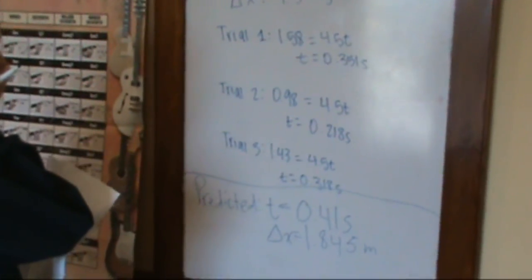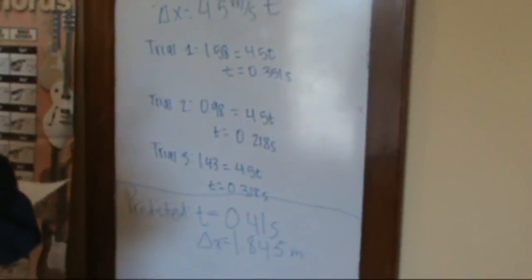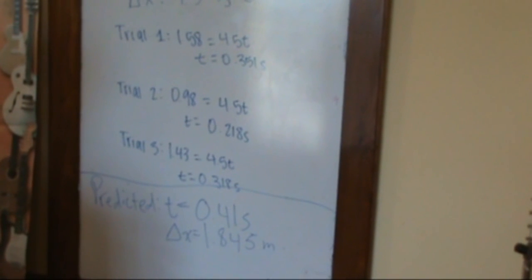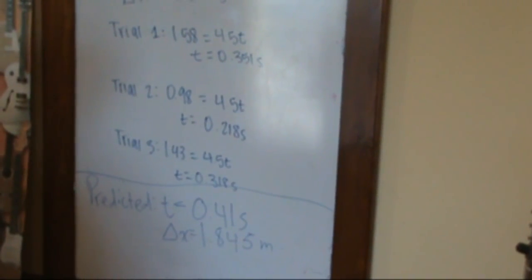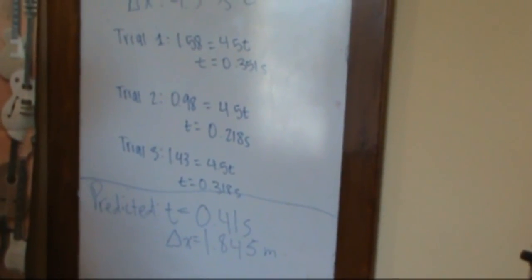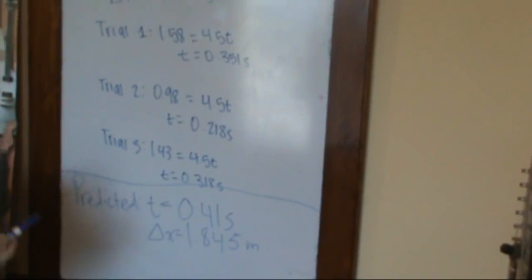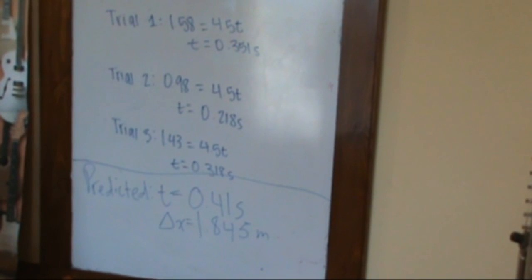So you can see that in each of our actual trials, the horizontal range and the time were less than the predicted horizontal range and time.